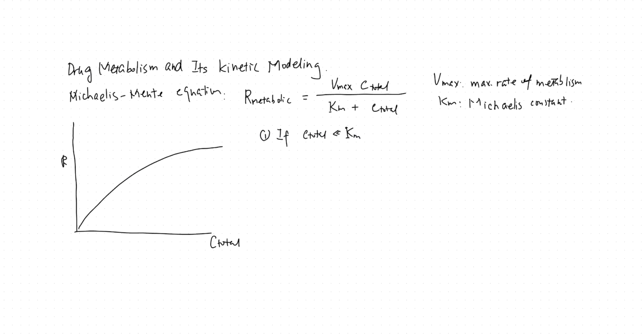If you look at the denominator, you have two terms: one constant plus the variable you are looking at. Now the variable we are looking at is C total. If C total is much less than the constant, then the constant plus C total would be almost the same as the constant.